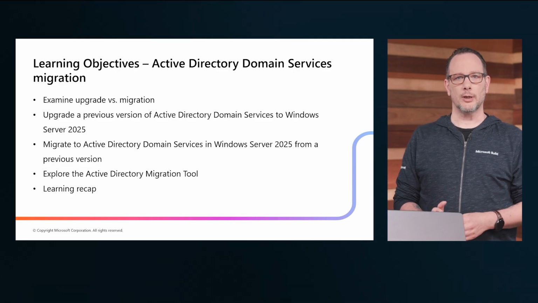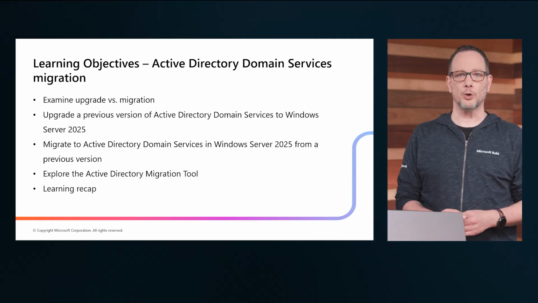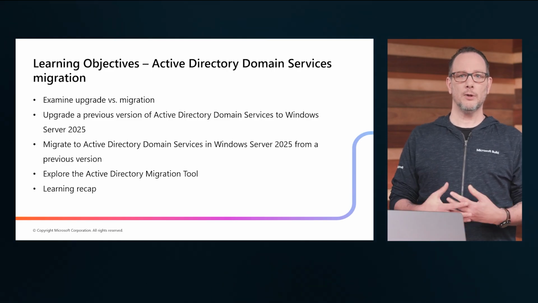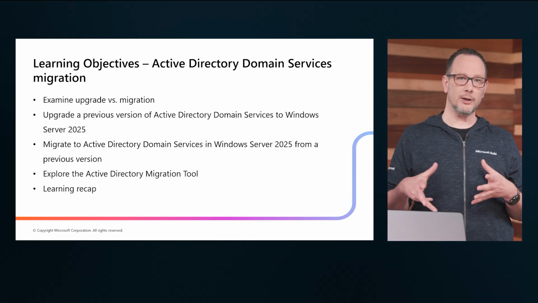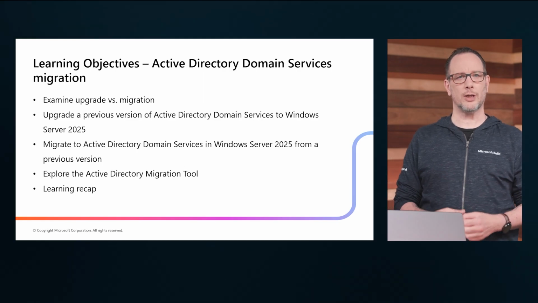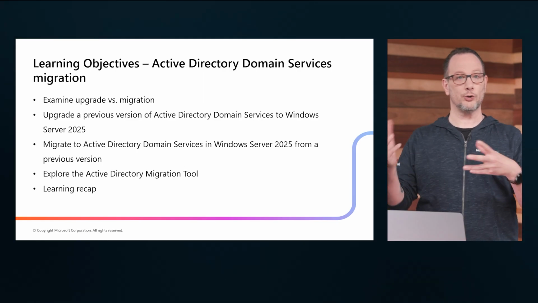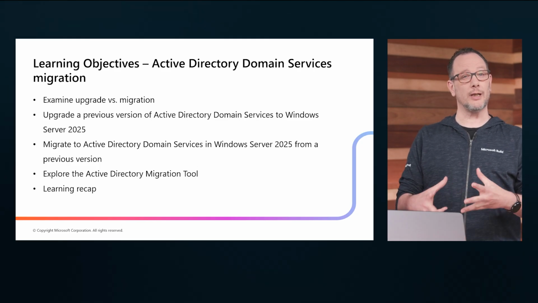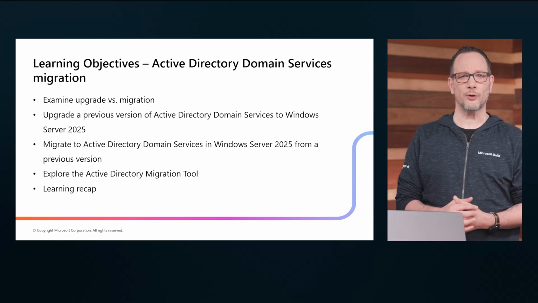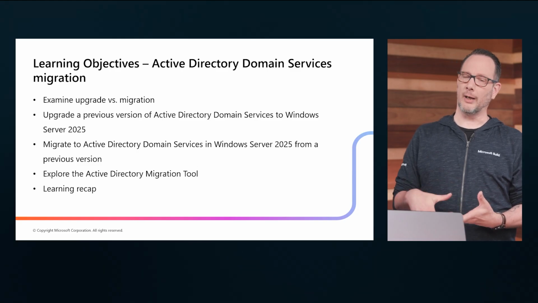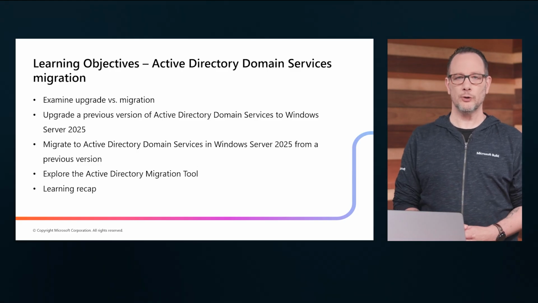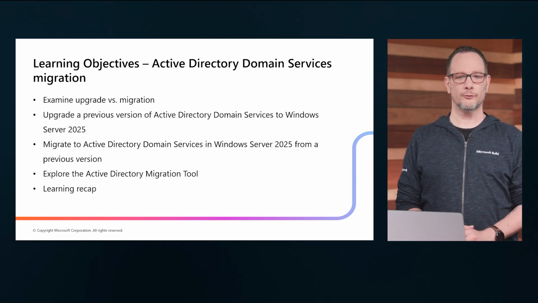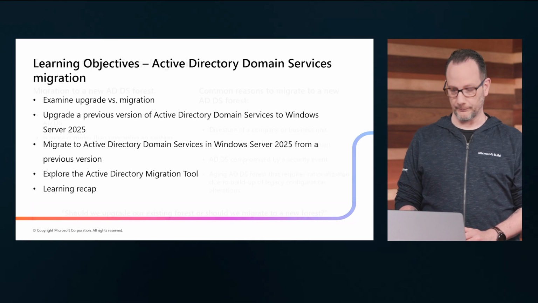Next to that, we're going to talk about how to upgrade your domain to that Windows Server 2025 flavor, and then also how to migrate from a previous version. Instead of upgrading, it's moving from an old version to the new one. That's the big difference. And then one of the tools that we still have around, and it's been around for a while, is Active Directory Migration Tool. That's going to give you a few specific migration options, which might still be valid for some of your organizations.